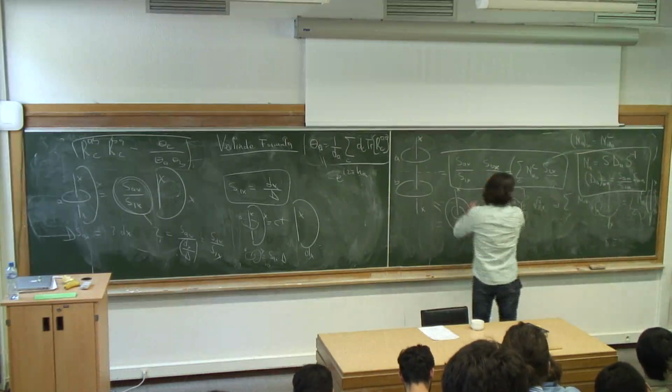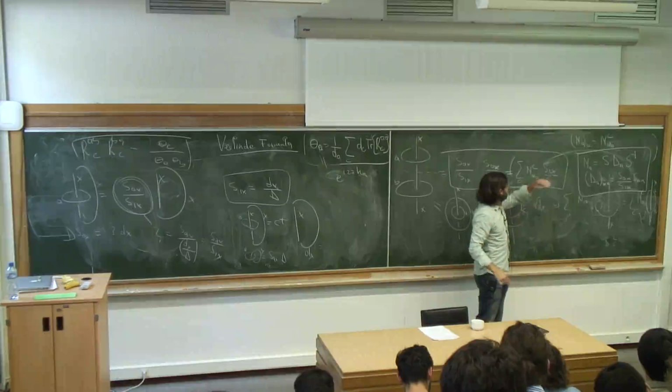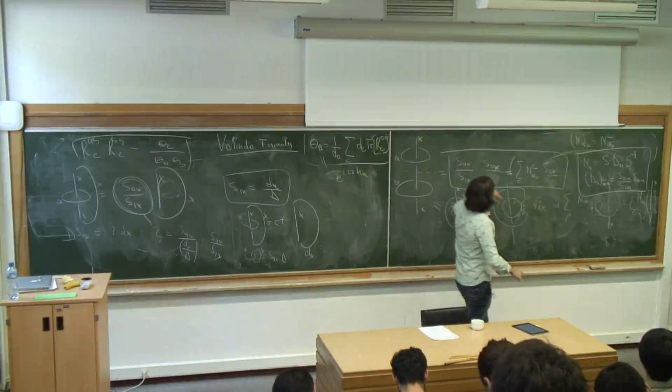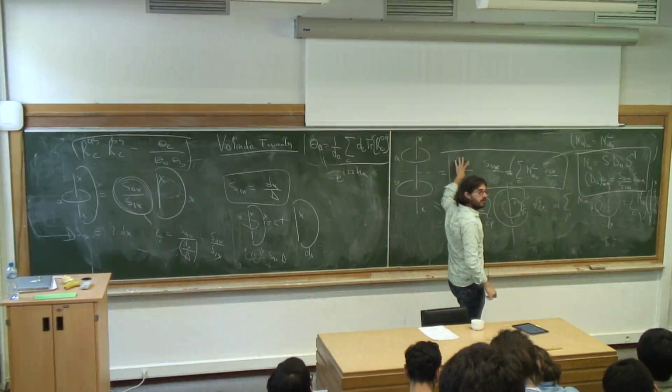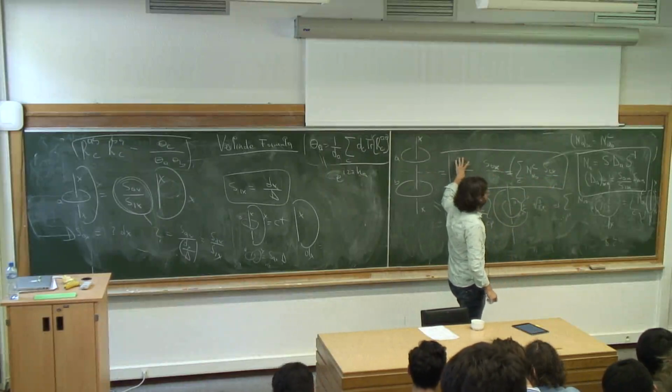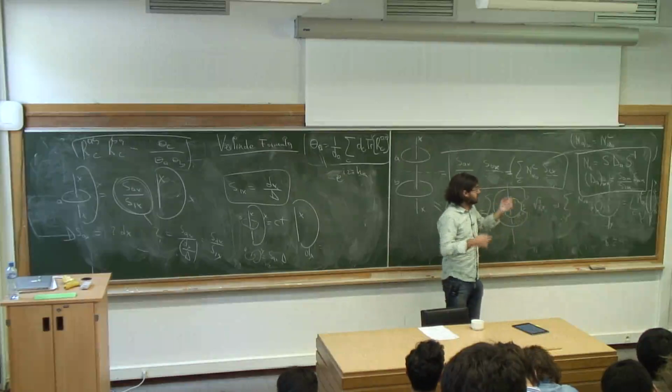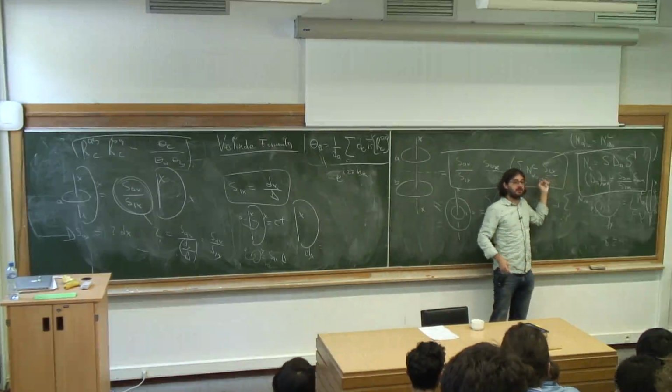So this is clear from here, right? This is just matrix times vector equals vector times eigenvalue. So this is just the projector representation of this matrix.